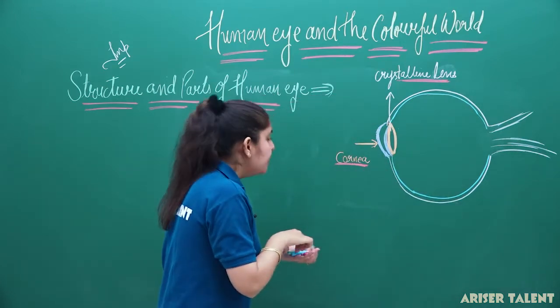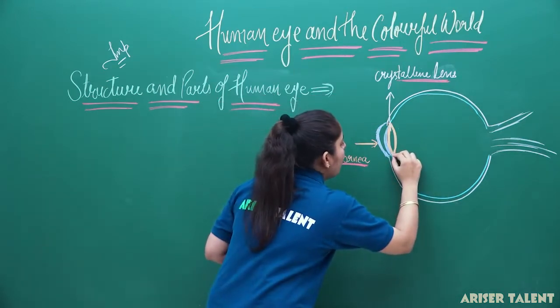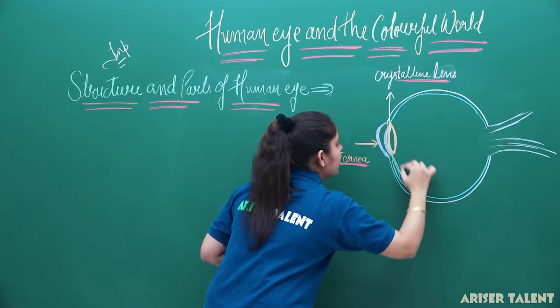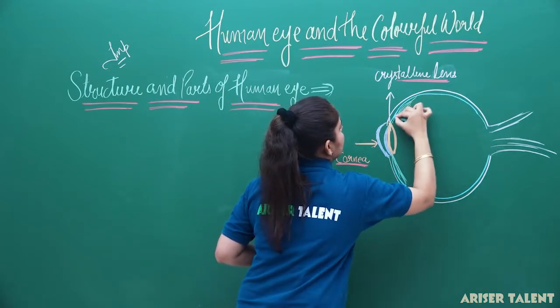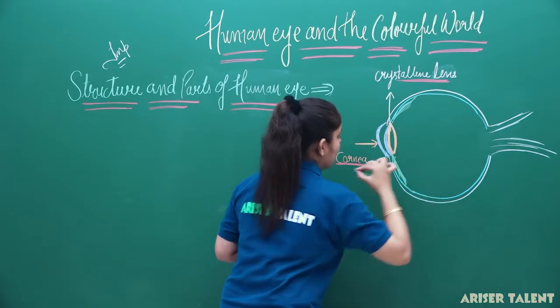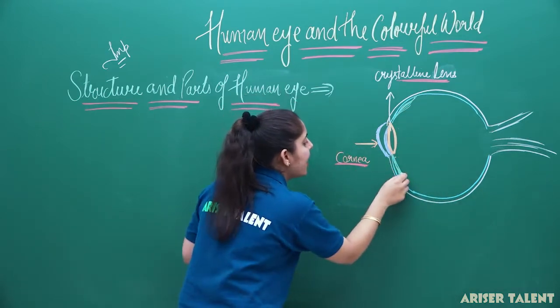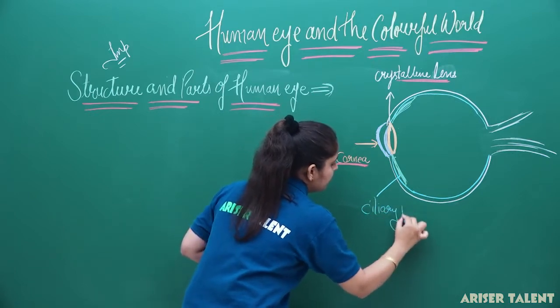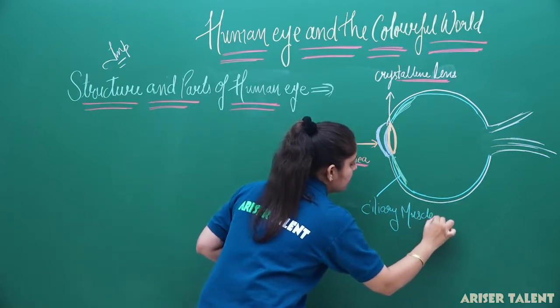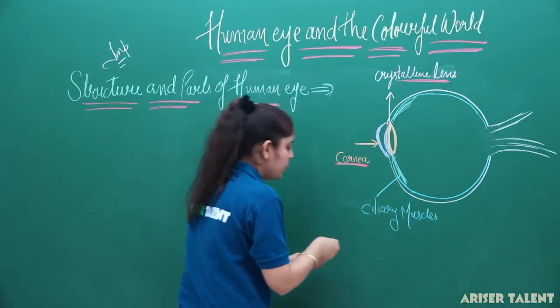Now, this part is held here by some sort of muscles. And this is actually our ciliary muscles. So this is our third part.